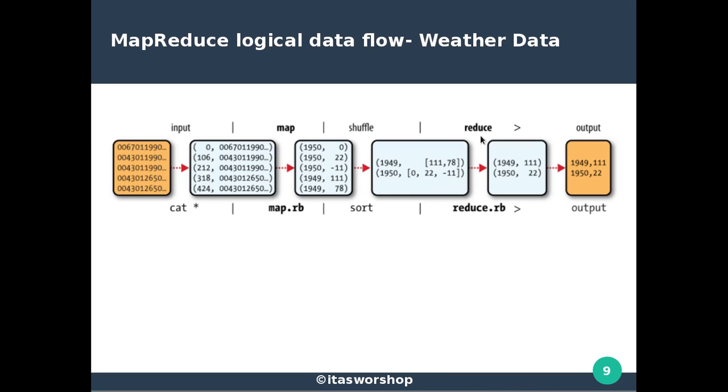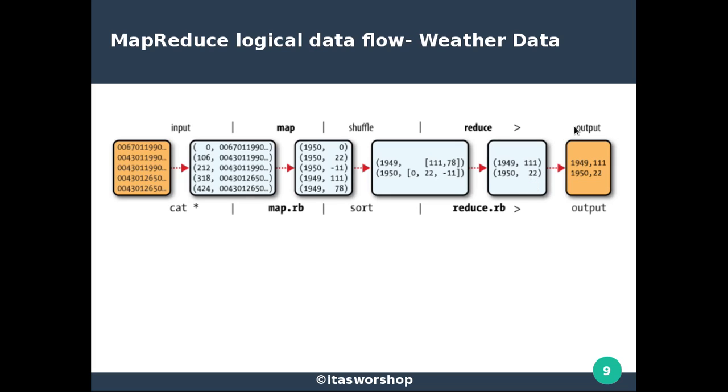And then the reduce function is giving us the final data. Like in this example, I think they are calculating the maximum. So for 1949, 111 Fahrenheit, for 1950, 22 Fahrenheit, like that. So that's how they are calculating.